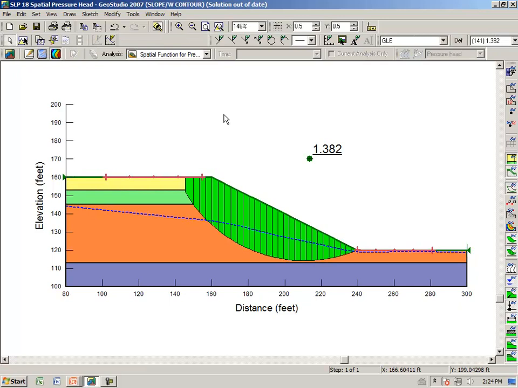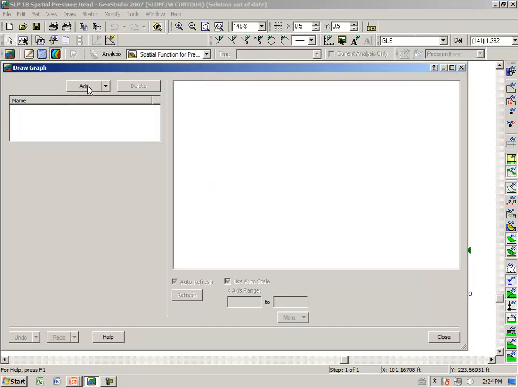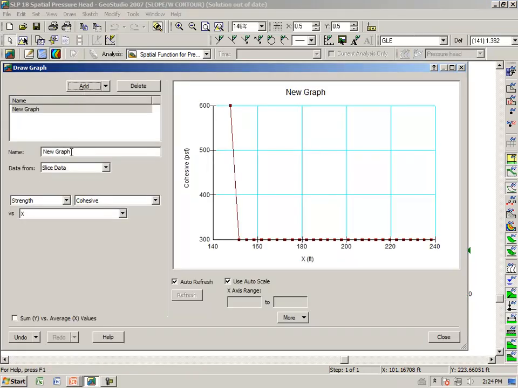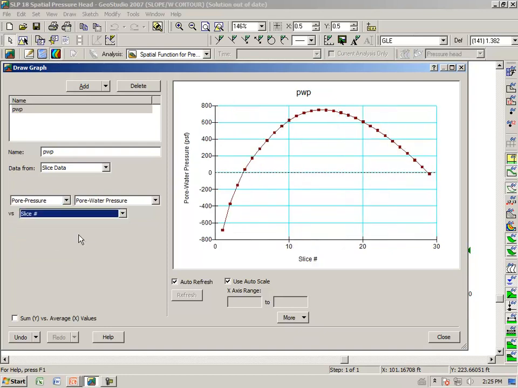If we now look at the results view, once again we can draw a graph, add a graph, look at the pore water pressure distribution, slice data, pore water pressure versus slice number, and this is the pore water pressure distribution that would result from the contours.